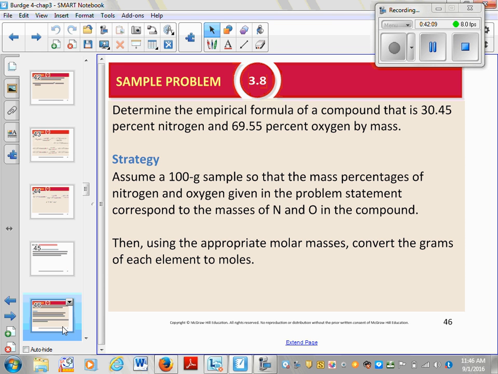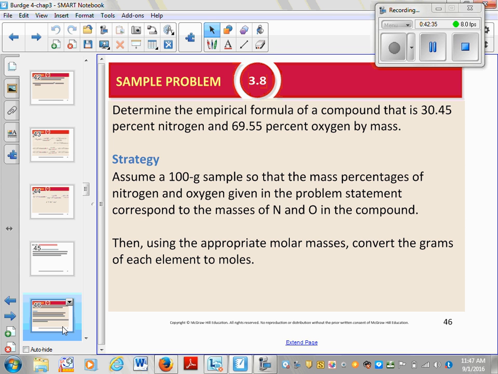So, here we have a compound that is 30.45% nitrogen and oxygen, 69.55%. What is the empirical formula?